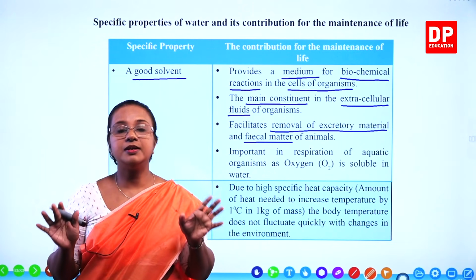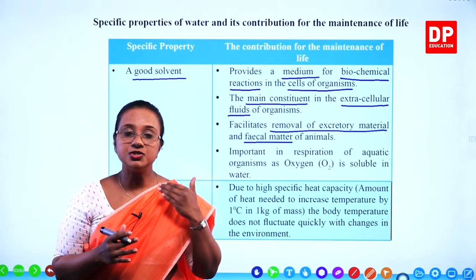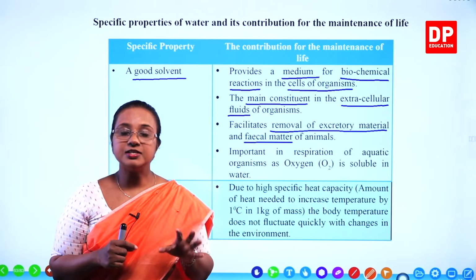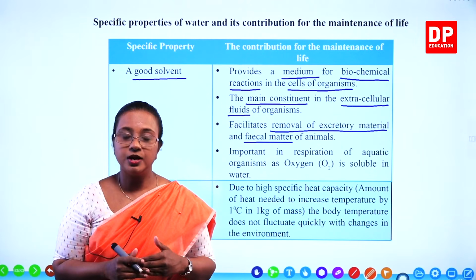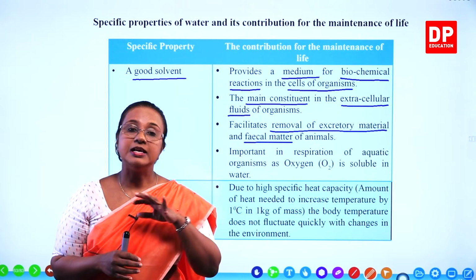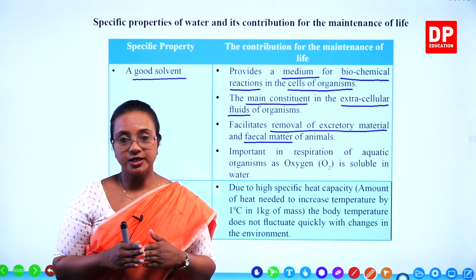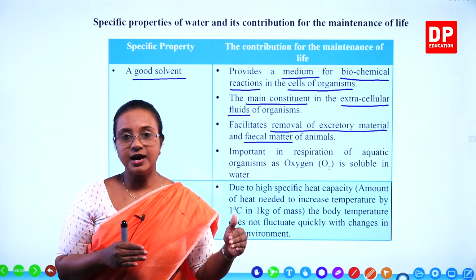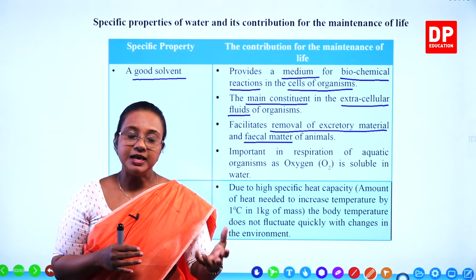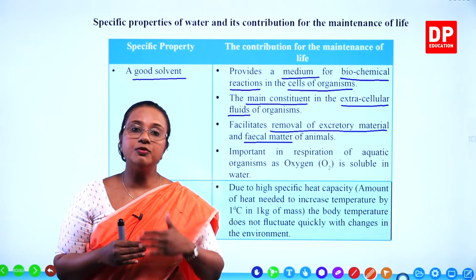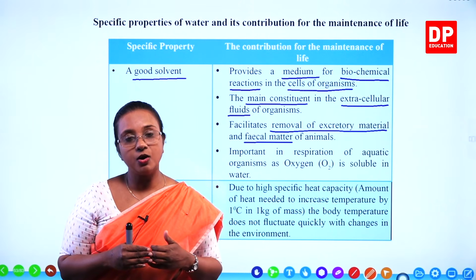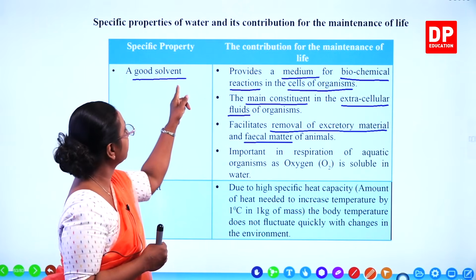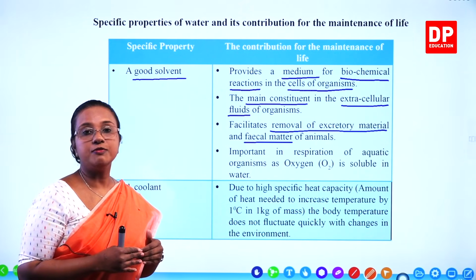There are two different things. Fecal matter is not an excretory product. You have to remember that. That is only undigested food, but that also has to be sent out of the body. So, for that, the removal of feces has to be carried out, and water is a main component that helps to remove feces from the living organism's body. That is possible because of the good solvent property of water.